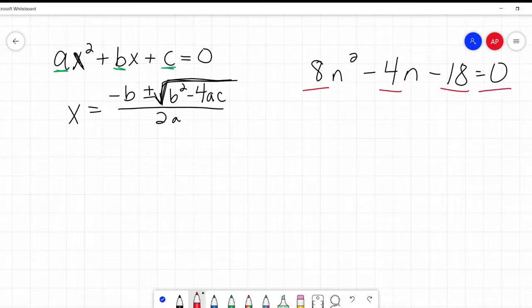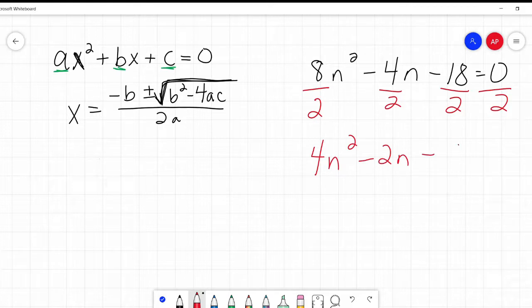And that's what I'm going to do, because these numbers can get quite big, and I want to keep it more simple. 8, negative 4, and negative 18 are all divisible by 2. So I'm going to divide everything by 2. That gives me 4n squared minus 2n minus 9 equals 0. All right, so it's a little more manageable. The numbers will be a little bit smaller.